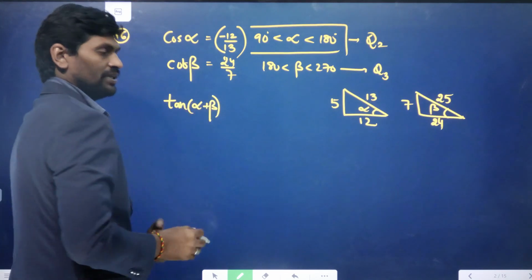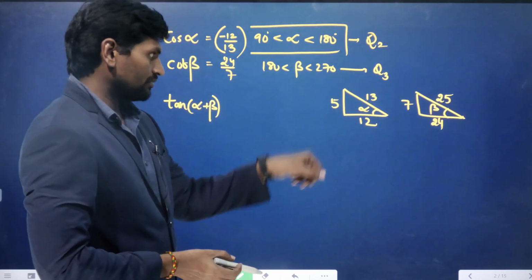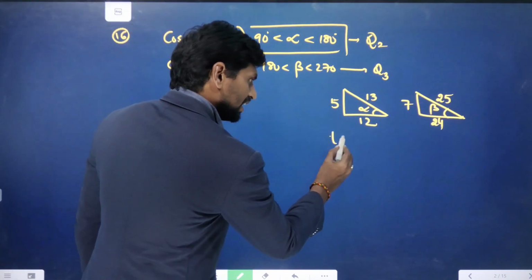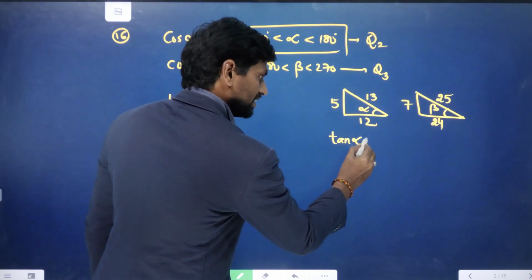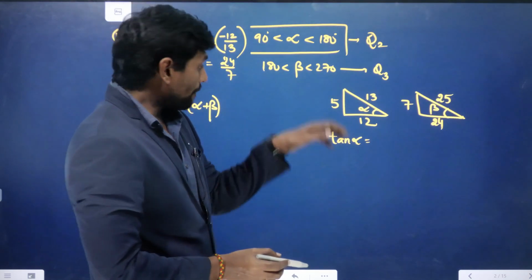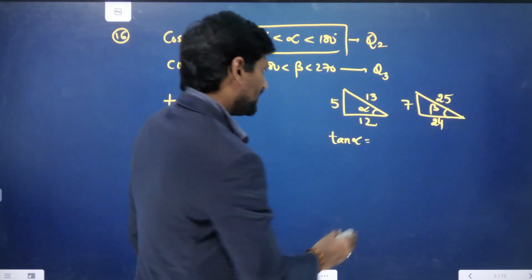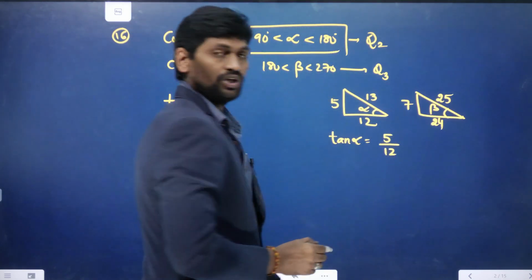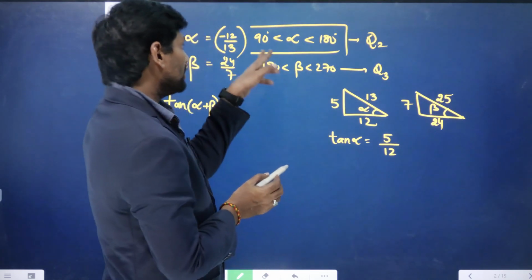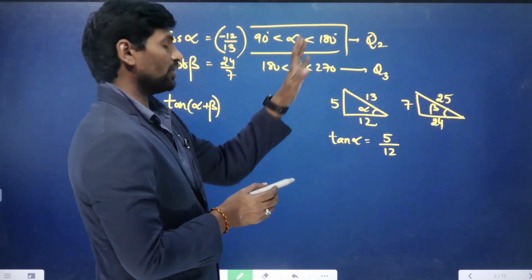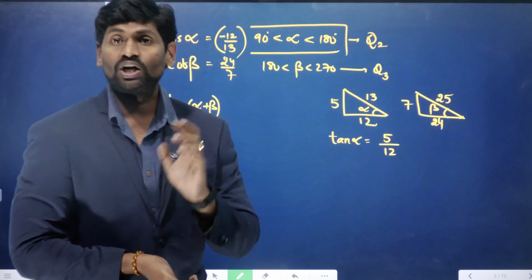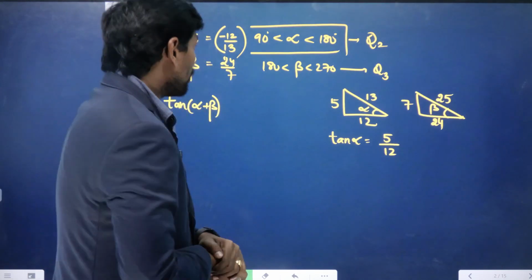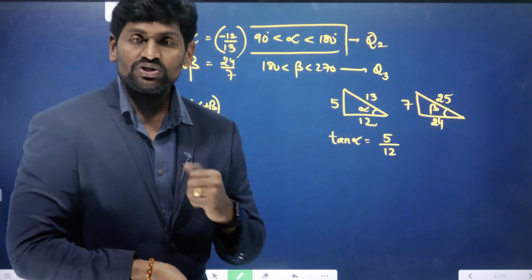Tan alpha plus beta. Okay? So from this, the tan alpha value is opposite side by adjacent side, that means 5 by 12. But alpha lies between 90 and 180, which quadrant? Second quadrant. In the second quadrant, is tan positive or negative?